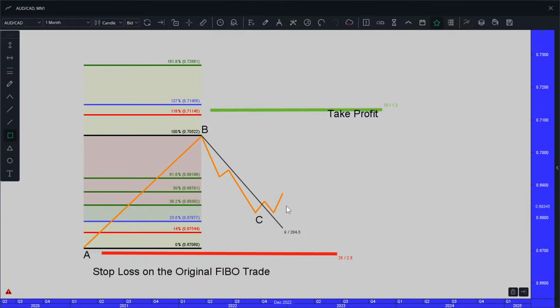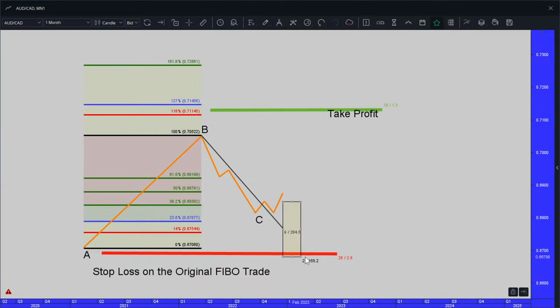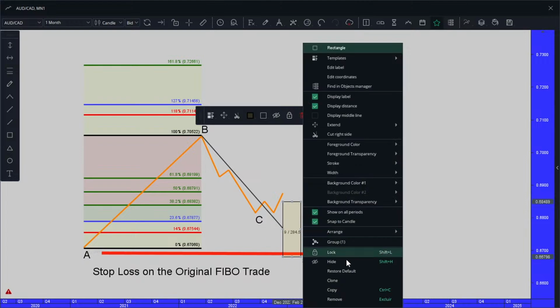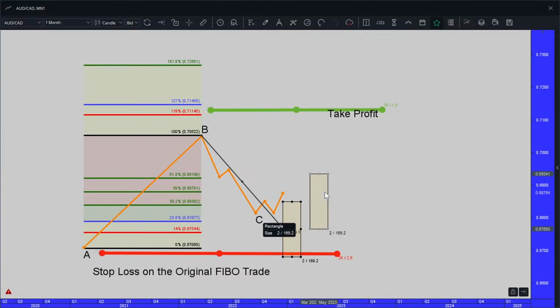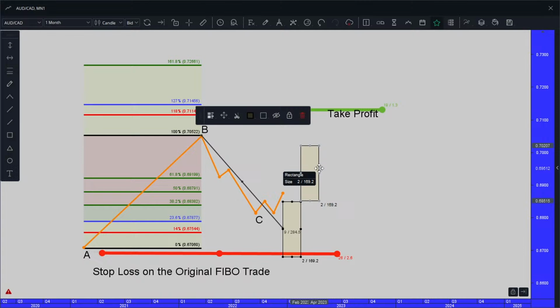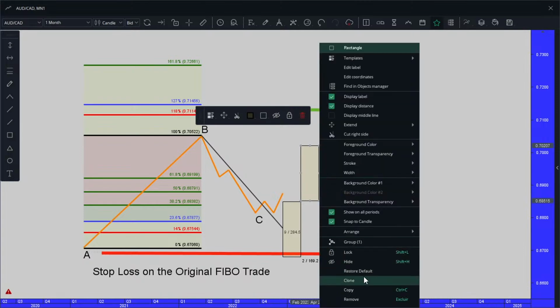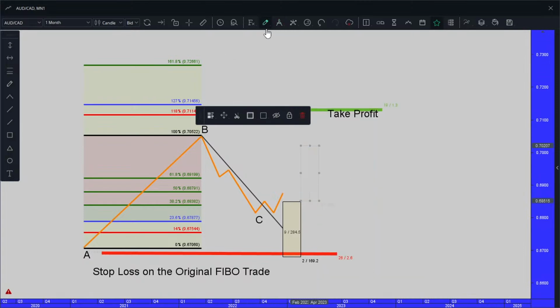So imagine this trade, capital C, one more time, capital C, counter trend line break in here. You would enter somewhere in here, green goes to green, and clone. There you go.